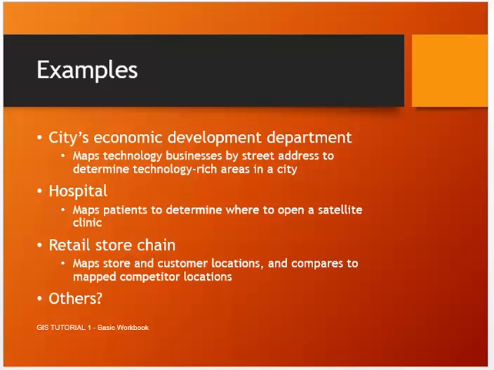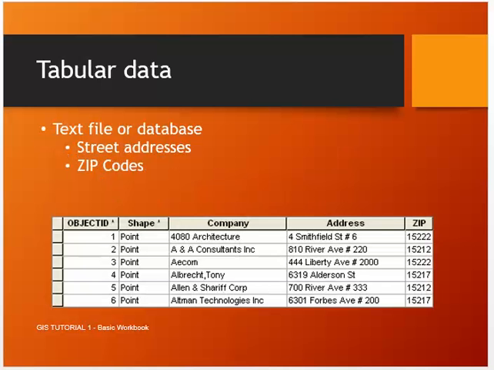So here are some examples of using this tool. We want to know where the technology businesses are. We're a hospital and we want to know where patients are coming from, so we can see if we can open a satellite clinic. Location determination for a retail store. There are hundreds of examples of uses for geocoding.